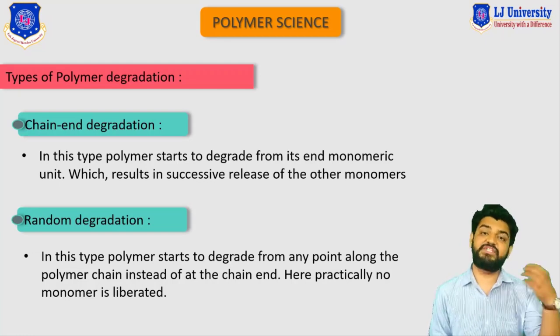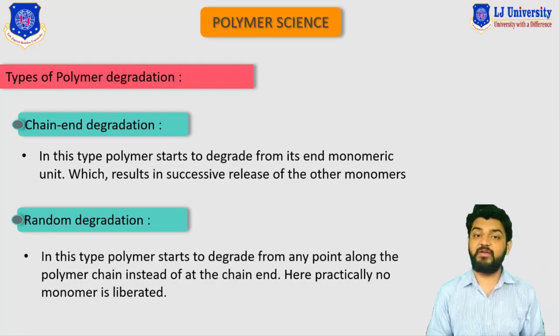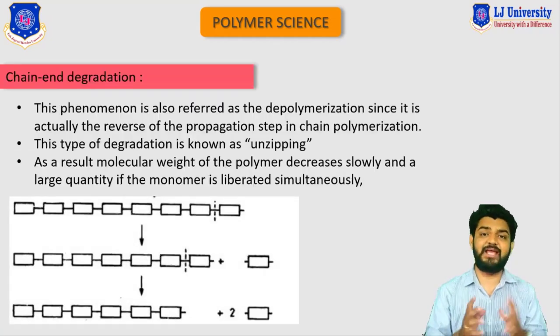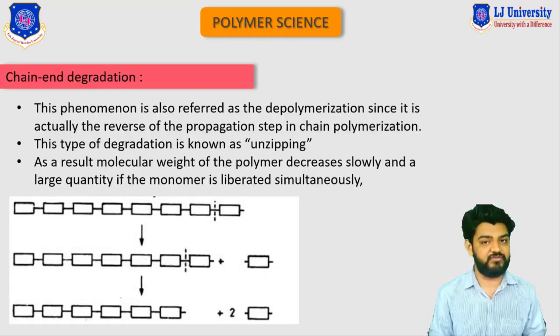That means with chain end degradation, we will always get monomer, but in random degradation it is not certain that we will get monomer every time. Now let's discuss chain end polymer degradation in depth.